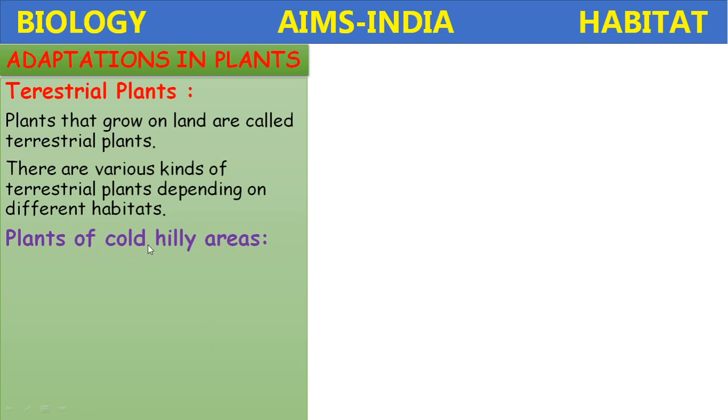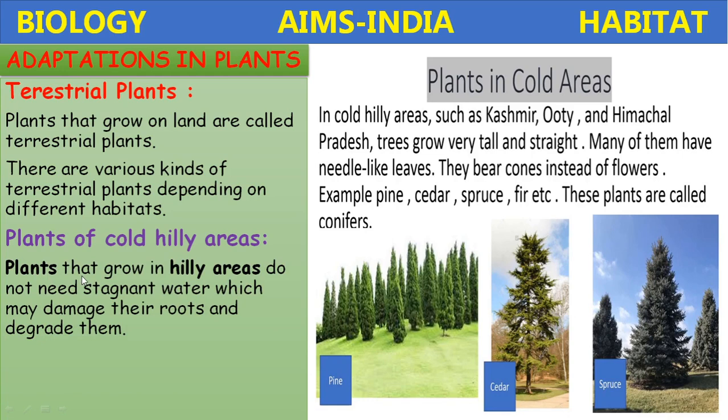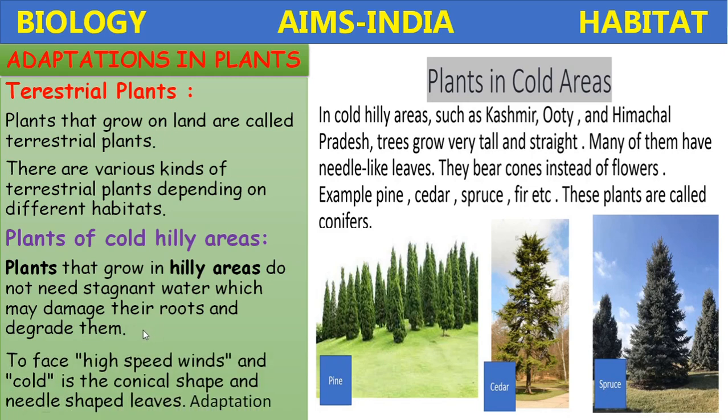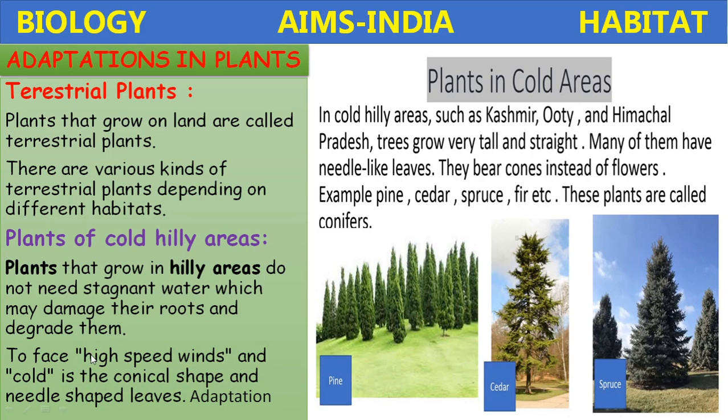The plants of cold hilly areas. Plants that grow in hilly areas do not need stagnant water, which may damage their roots and degrade them. To face such conditions, the special adaptations shown by these plants are a conical shape and needle-shaped leaves.